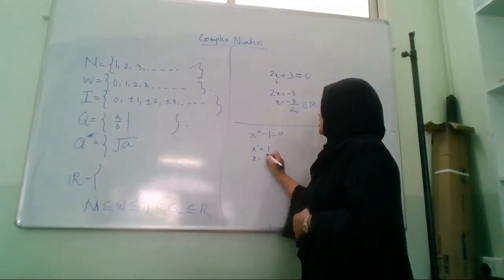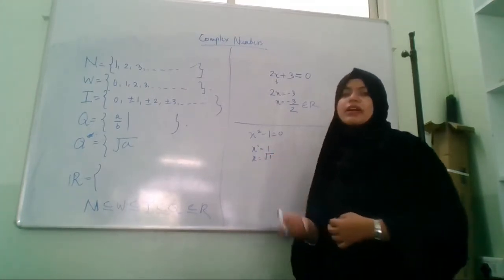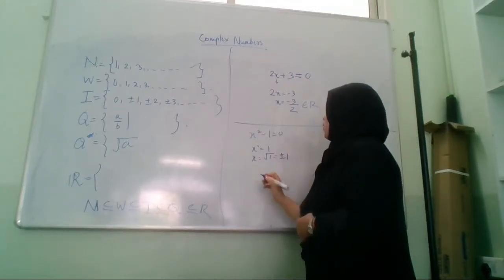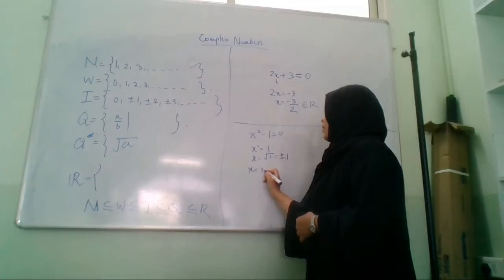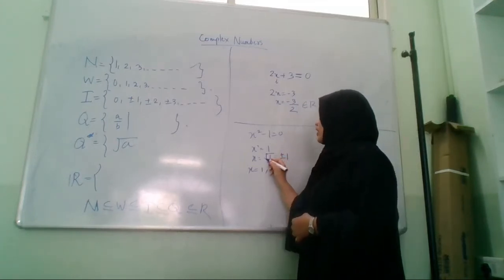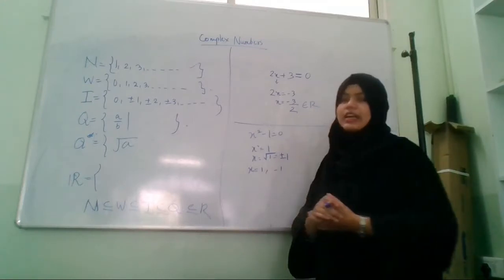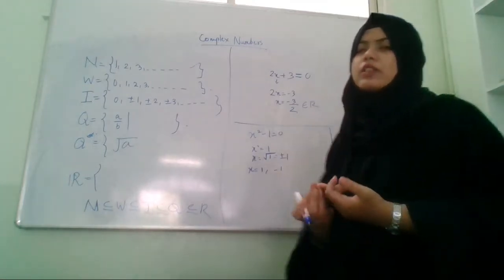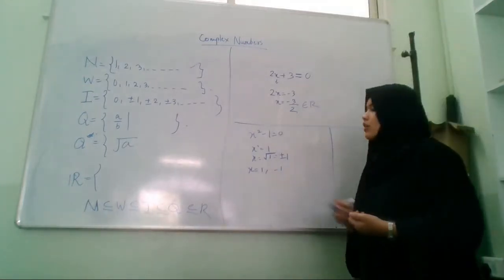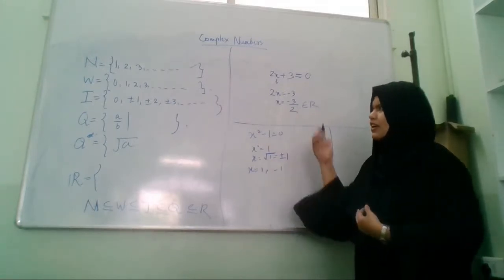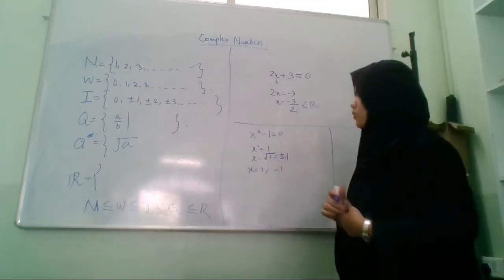Whenever we remove the root, we give the plus minus sign: one root for positive and one root for negative. So the solutions are plus 1 and minus 1. Now this equation also has a solution in real numbers, in integers.